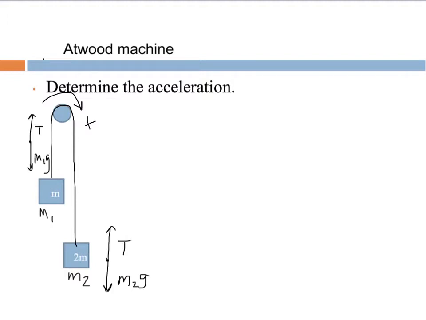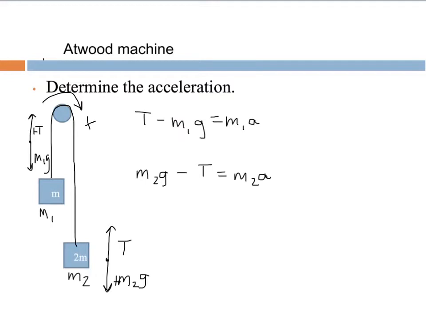I have tension and mass times gravity for both of them. And then I'm going to show that this mass times gravity is going to be positive because, again, it's in the direction that I said was going to be positive, and this tension over here is also going to be positive. Then I'm going to write the sum of the forces for each object.